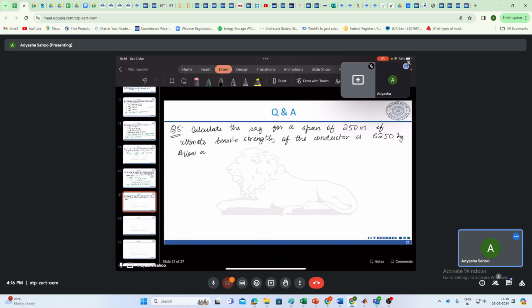Allow a factor of safety of 2, and the weight of the conductor is 800 kg per kilometer basically.